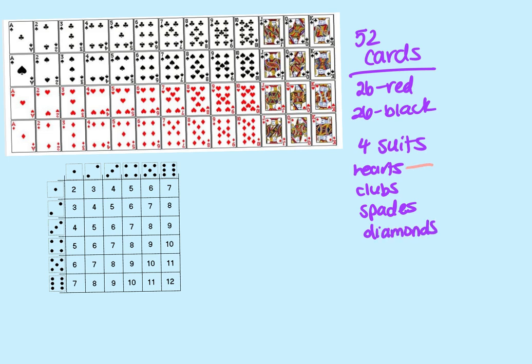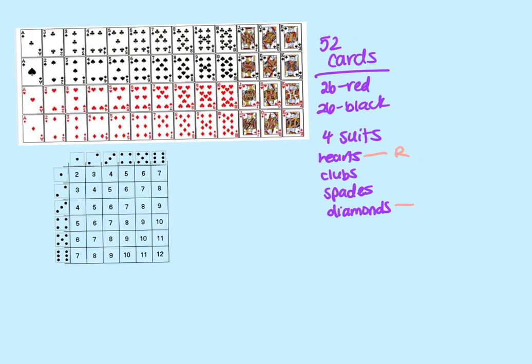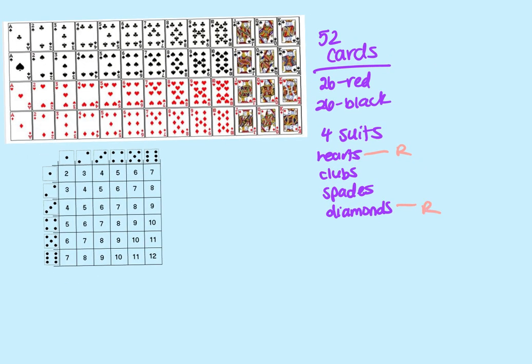Hearts and diamonds are red. Clubs and spades are black. Clovers are clubs. So there's 13 of each.